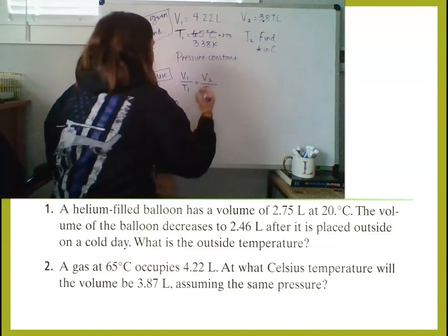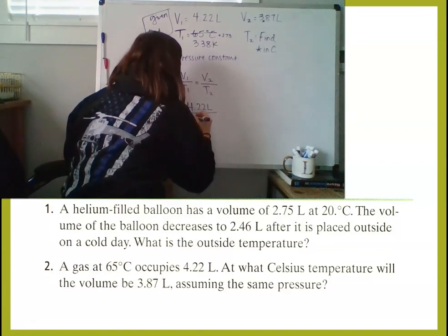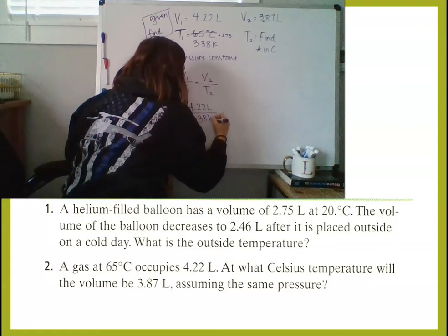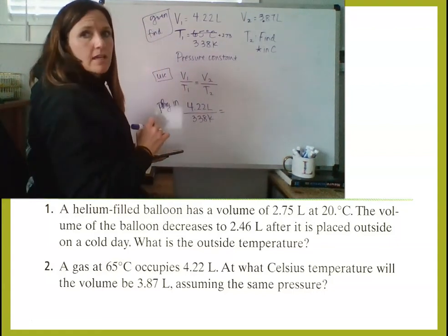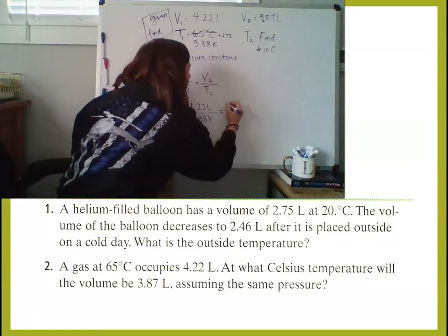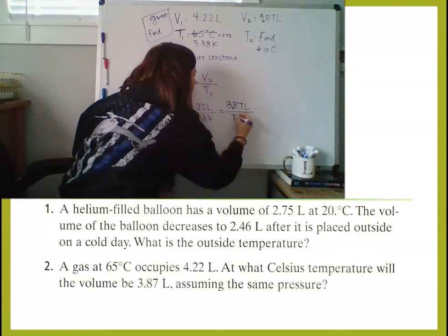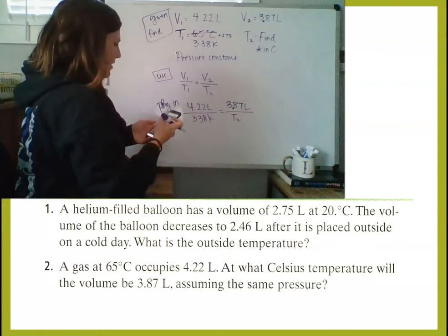V1, 4.22 liters over T1, 338 Kelvin, equals 3.87 liters over T2.